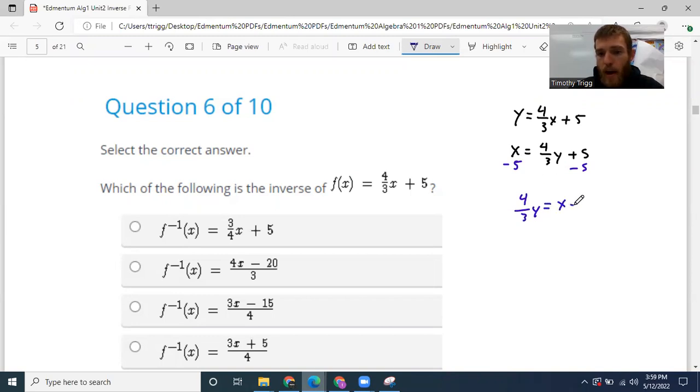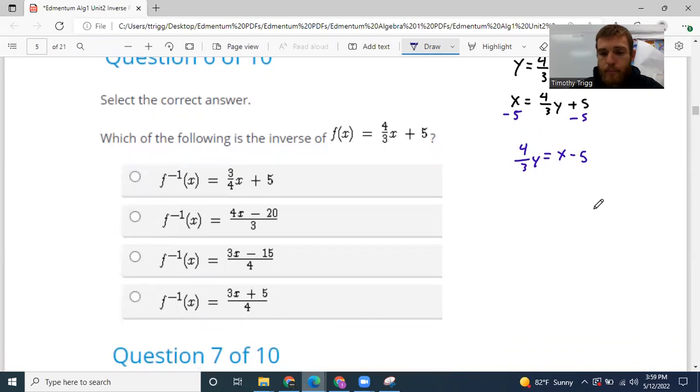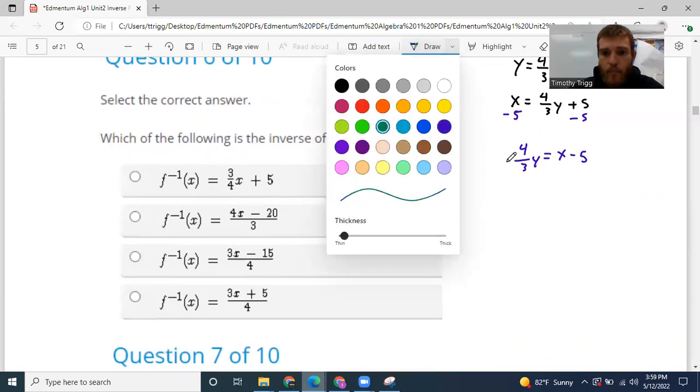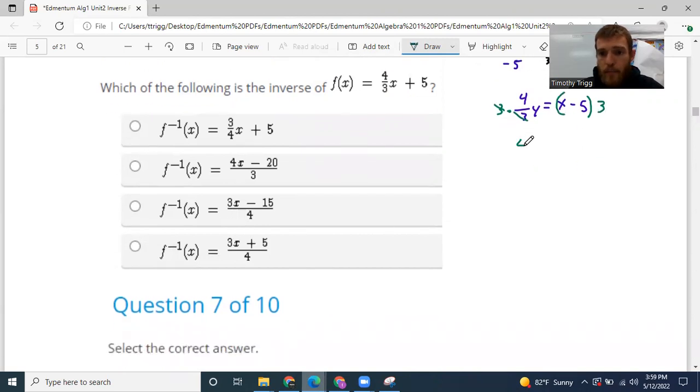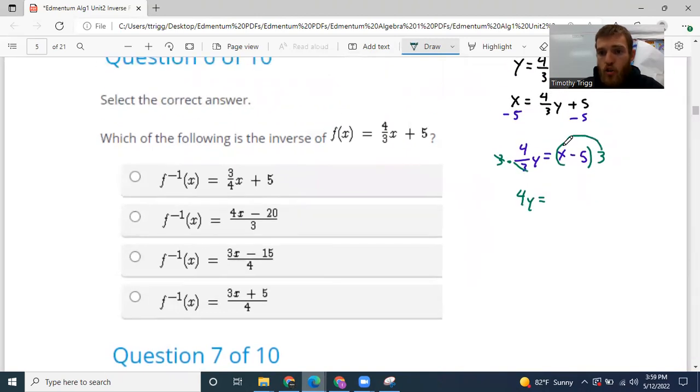Here we have x minus 5 on the right. We can multiply by 3 on both sides to cancel out the fraction. Remember, whatever you do to one side of the equation, you have to do on the other. This will give us 4y equals, and we're going to distribute this 3.